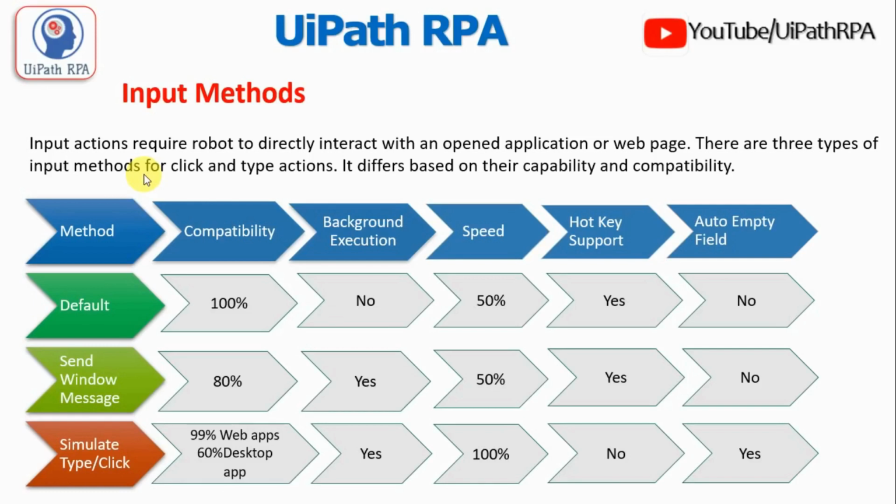If we apply the simulate type click method, we do not need to select the empty field option from the properties. It has the feature to empty the field automatically. Whenever this method is applied, that field will be emptied automatically.